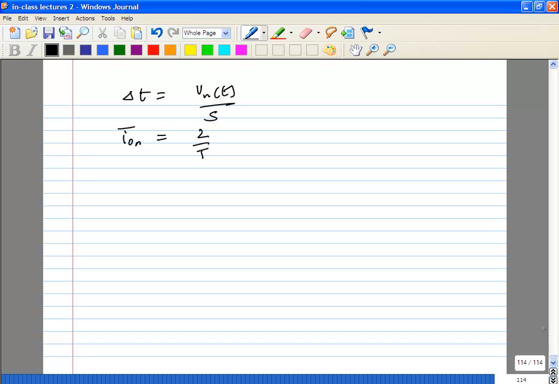What is this? It's 2 by T, which is the time period, times, we know that the current is changing by 2 It times delta t. Rest of the time is 0.